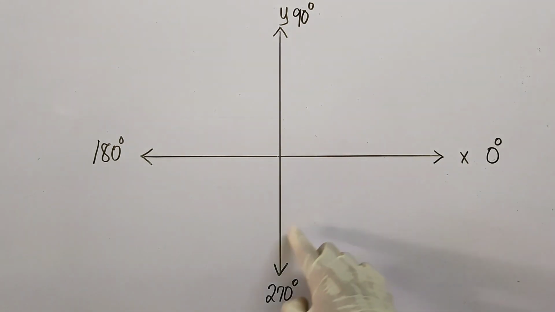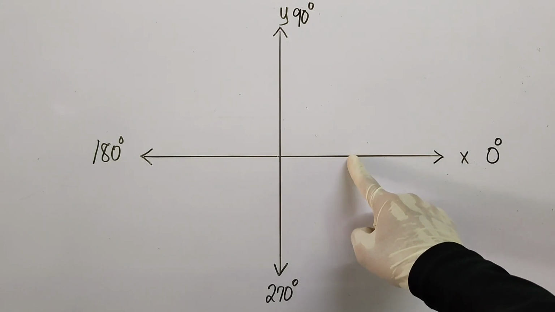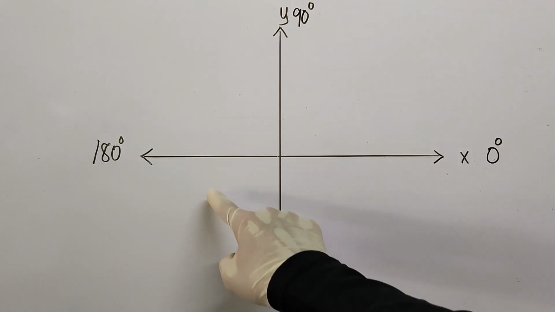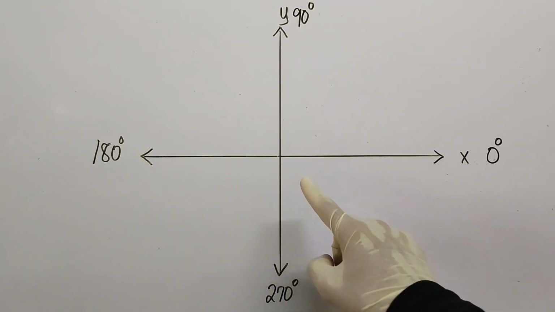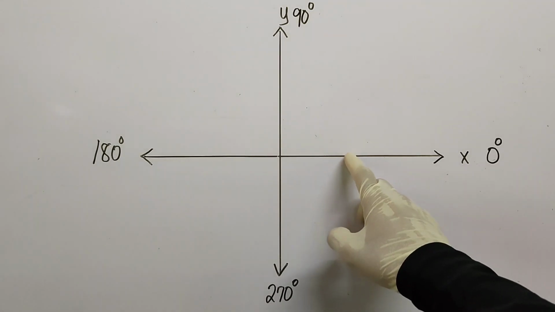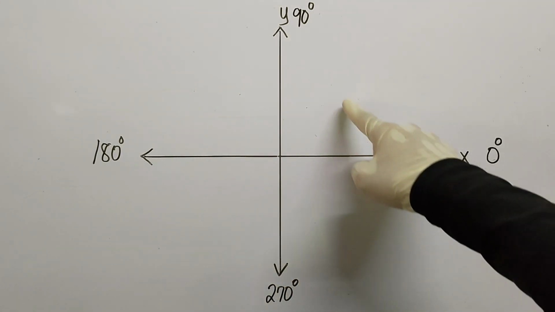So if the rotation is clockwise, so from this axis, if the rotation is like that, the angle formed is negative. But if the direction of our rotation is counterclockwise, the opposite of the turning of our clock, so from this axis, this will be the counterclockwise rotation.